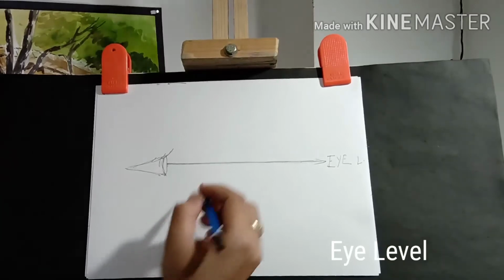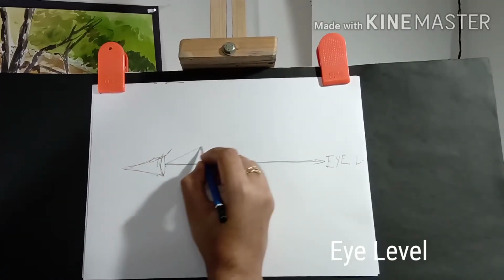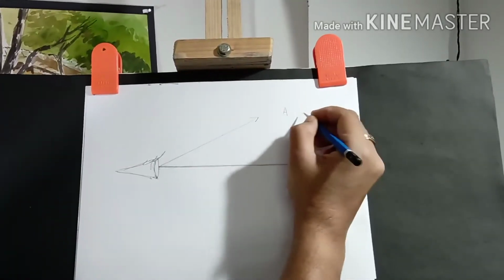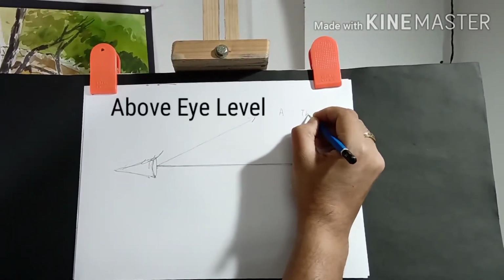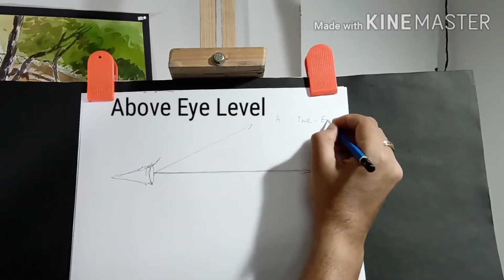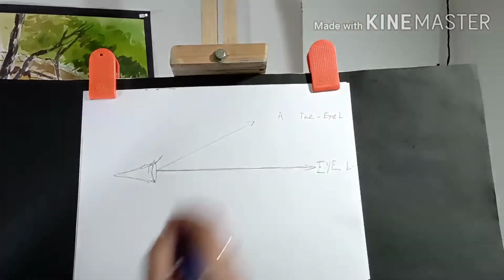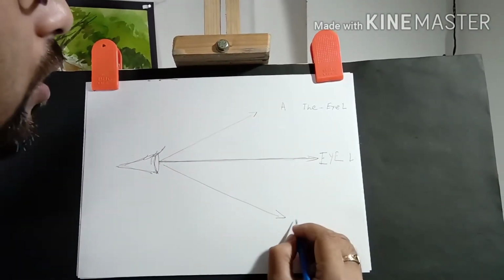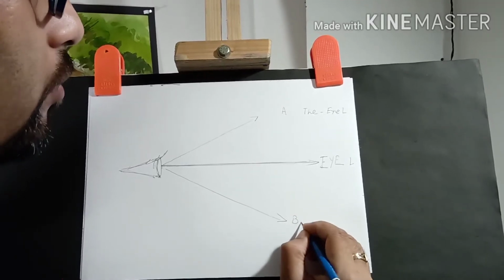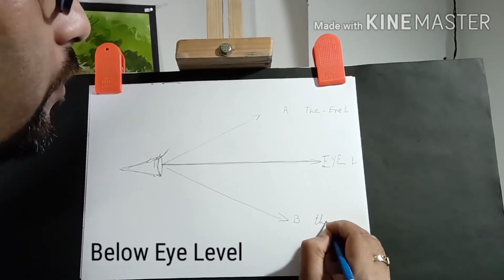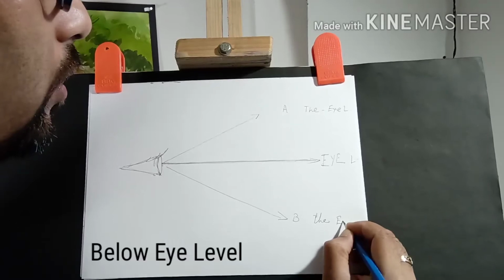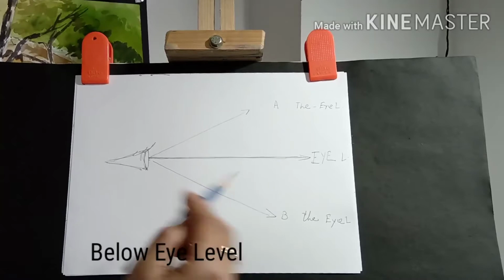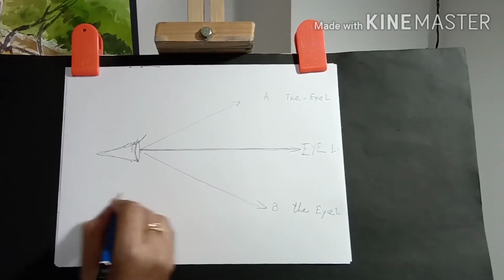Okay, and if I look up, it is above the eye level. If I look down, it is called below the eye level. So I am just showing you here.